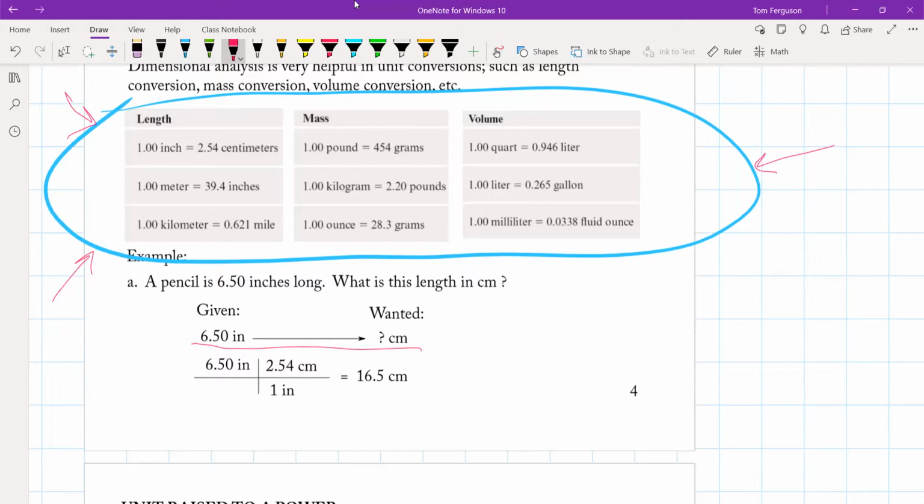Okay, so basically, we've got 3 levels of conversions. This is, I consider, a one-dimensional conversion. In other words, inches to centimeters. We're going along one axis only.